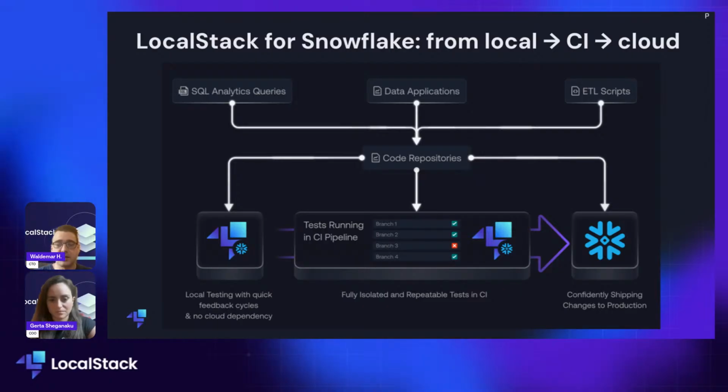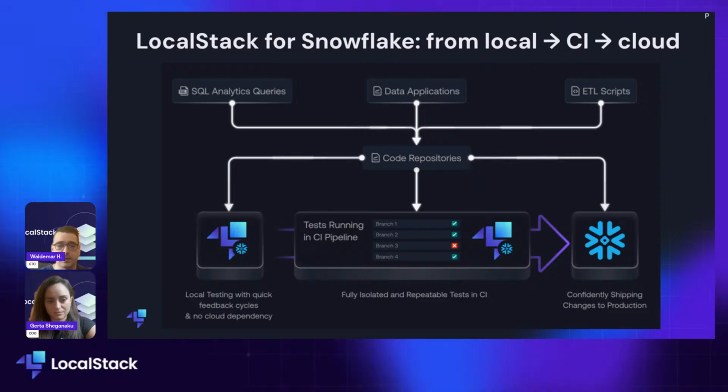So this is actually a screenshot I copied from our website. So you'll also find this on our website. So in a nutshell, what the emulator allows us to do, very similar to the AWS emulator, is running your tests for Snowflake data applications on the local machine. Local testing with these quick feedback cycles and no cloud dependency.